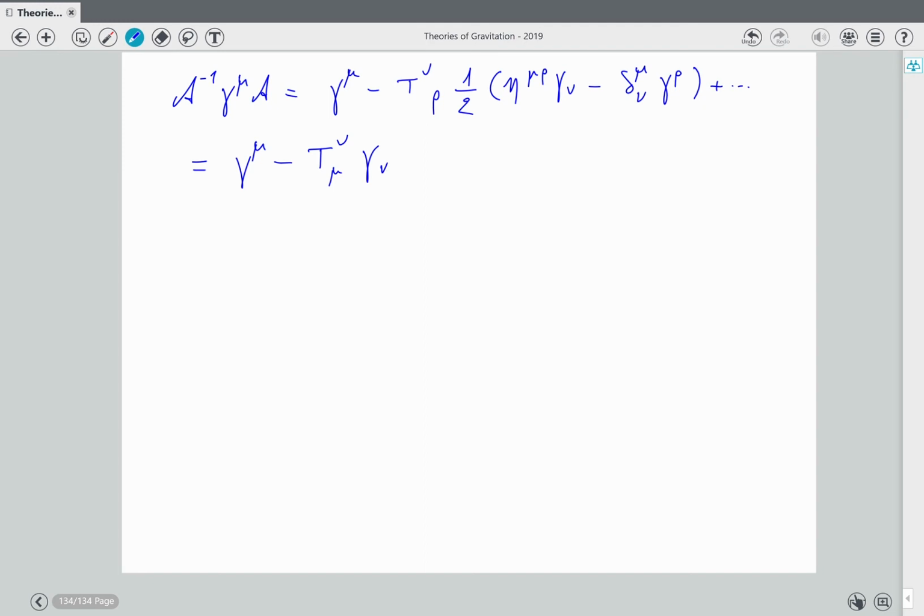divided by 2 plus 1/2 t rho gamma rho, and that will be mu. Okay, plus, let me write it better, gamma mu.